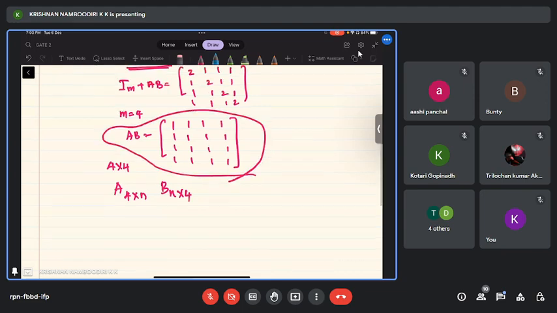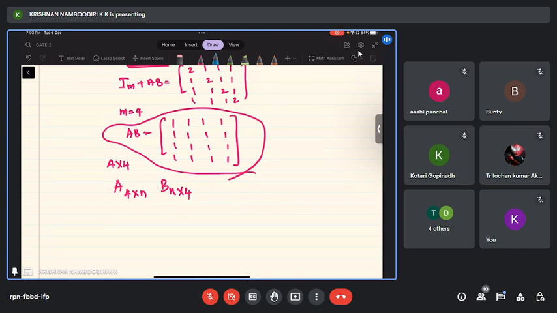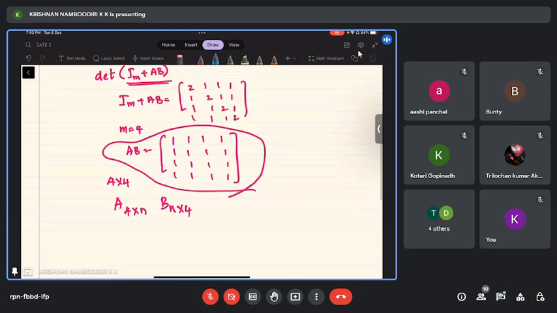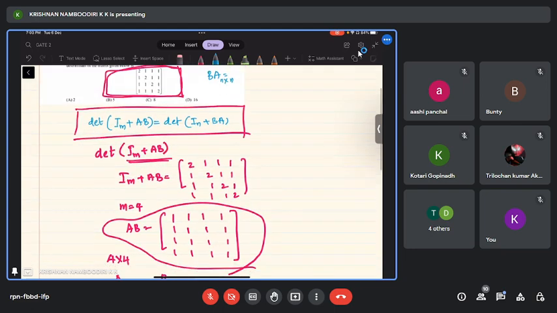So if you can find such A and B, you can find BA plus the identity matrix of size n, and you can find the determinant of that. That will be equal to the determinant of this. It seems pretty complicated, correct?